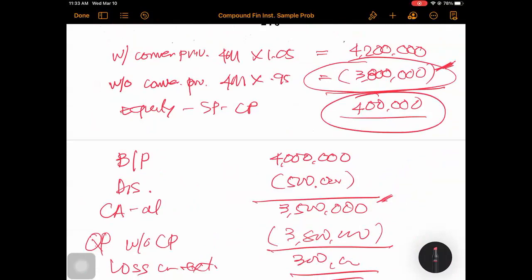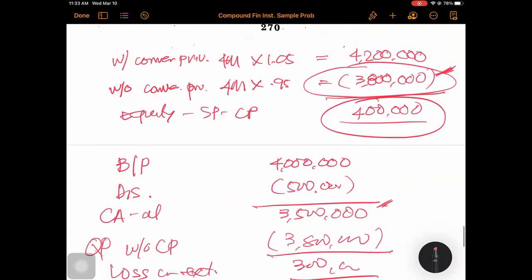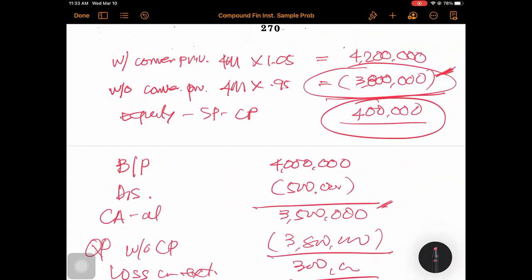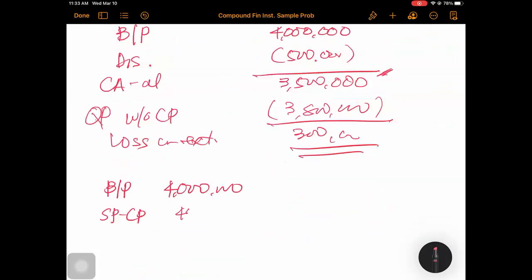Okay, because part sa atong gibayaran, is part sa equity nga 400,000. Then we record the loss of 300,000.